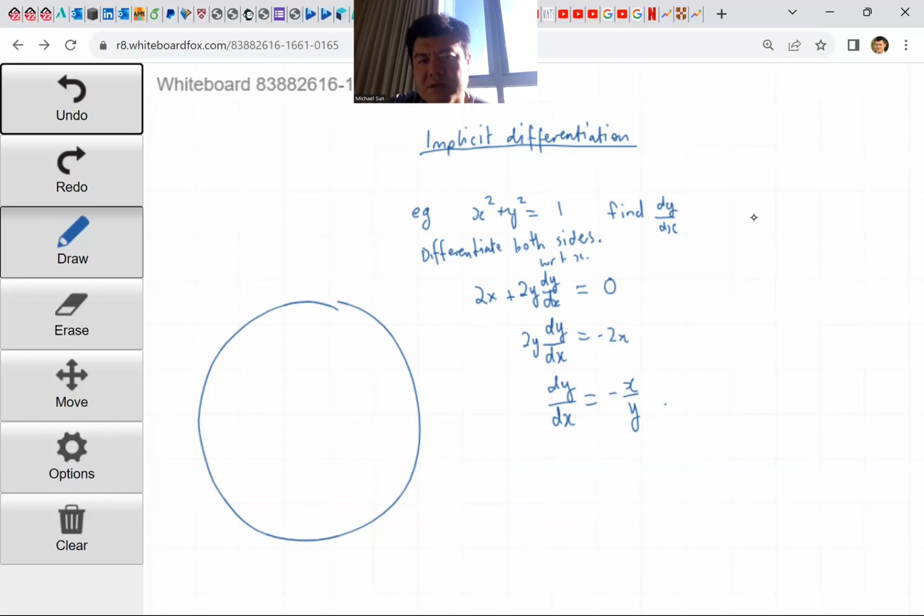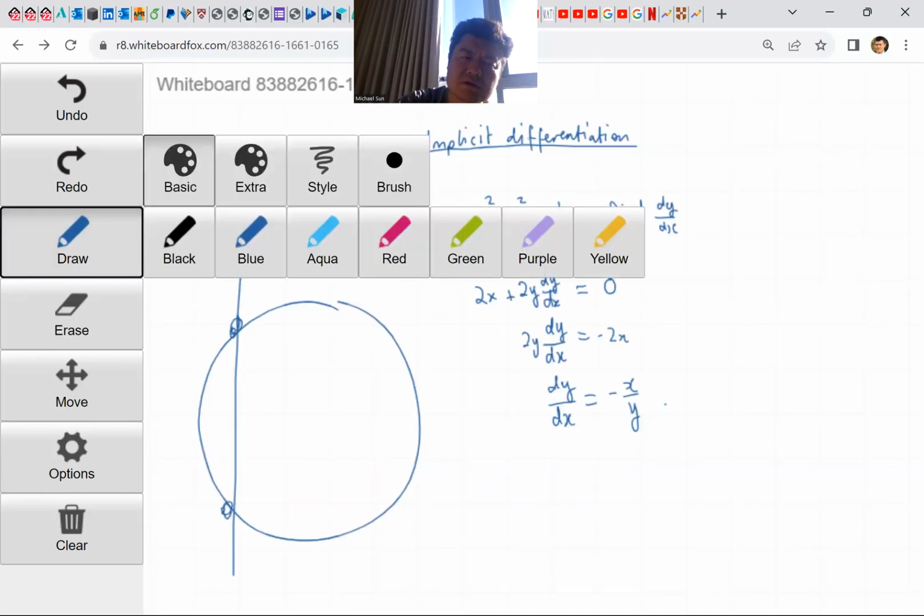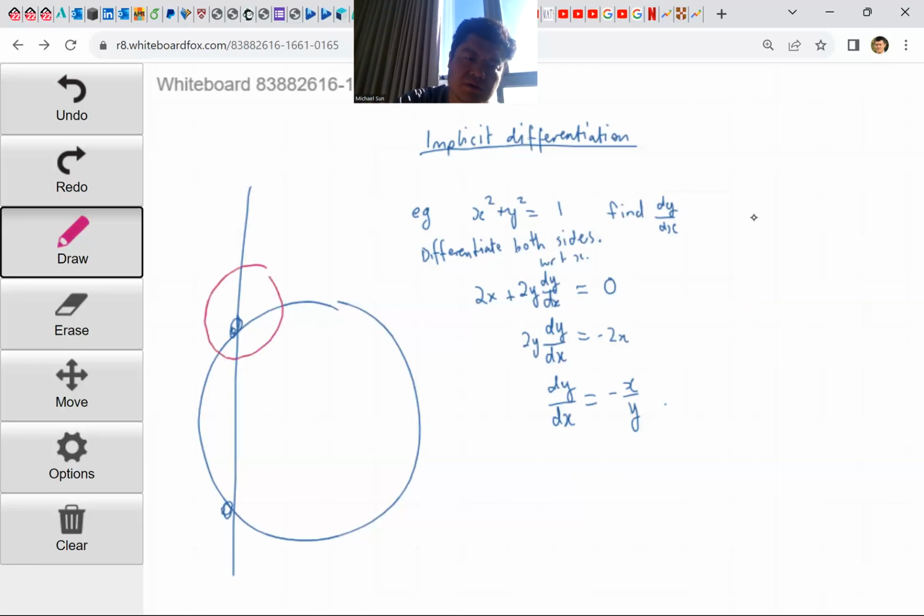And then the answer is that even though it's not a function, because if you have a vertical line, it'll hit the graph twice, it's locally a function. So if you zoom in here, it's a function. So it still makes sense to talk about the derivative. So the derivative is actually a local property.